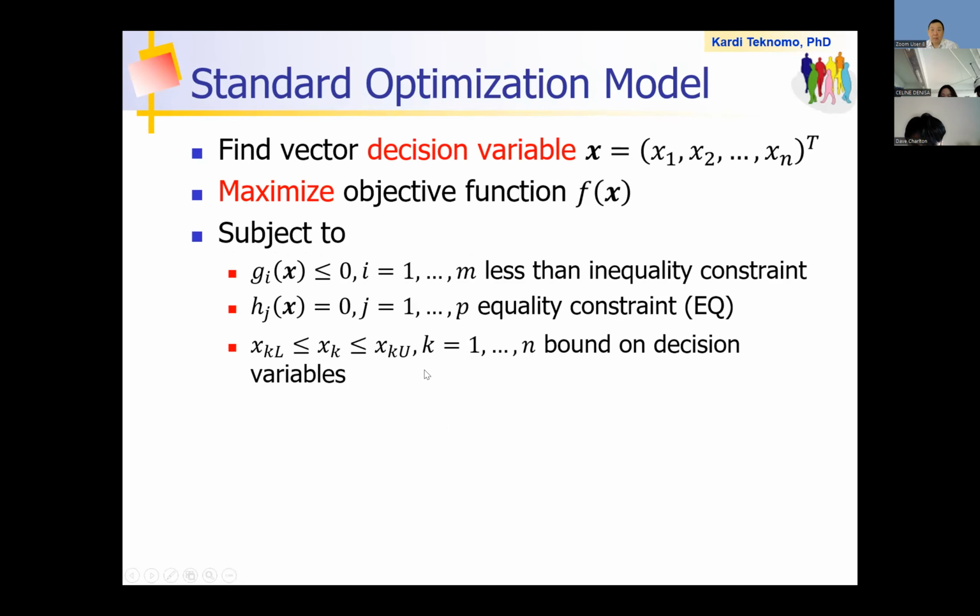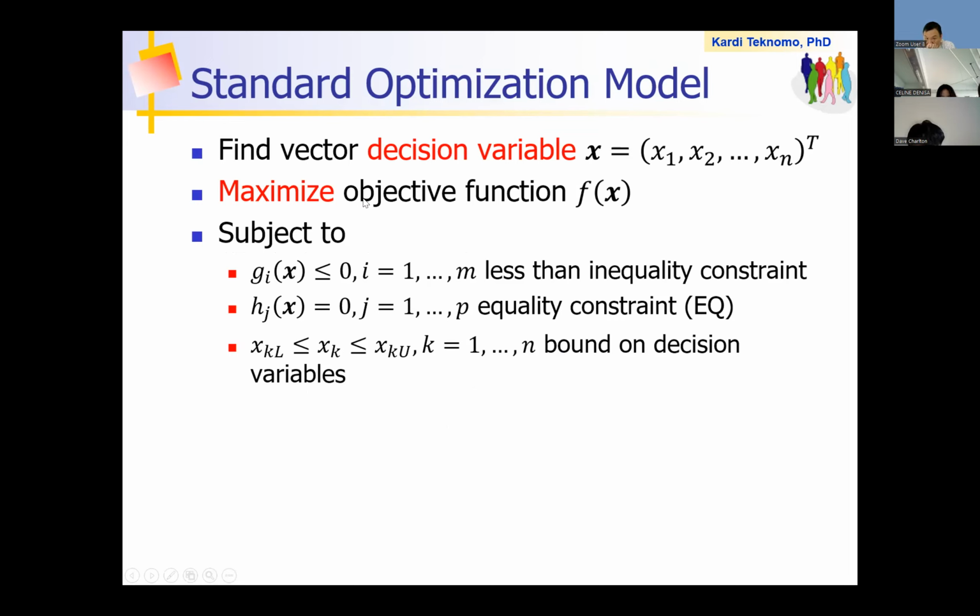So now, having that general, we want to create what is called standard. Okay. When we say standard, that means usually we want to maximize the objective function. So when we say standard optimization model, you want to find the vector X in order to maximize, not minimize.